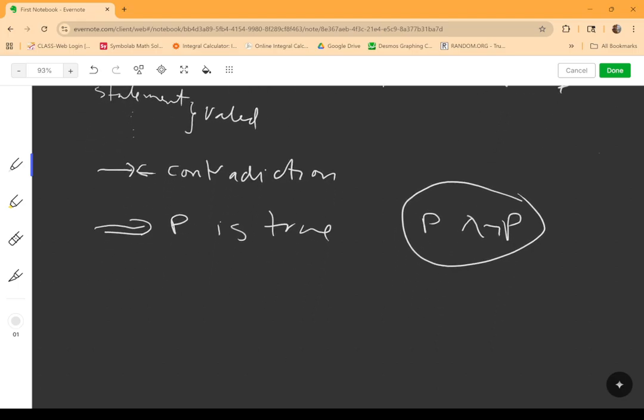All right, so now let's take a look at an example. We want to prove that the square root of 2 is irrational.